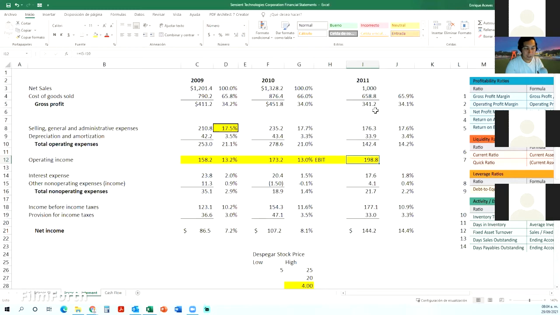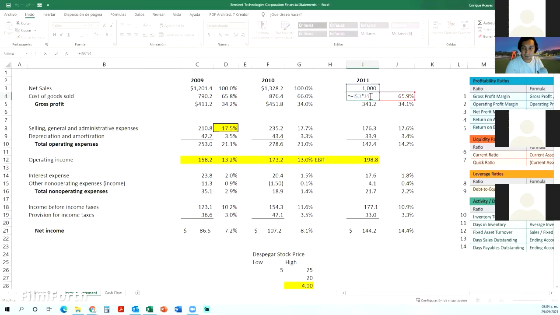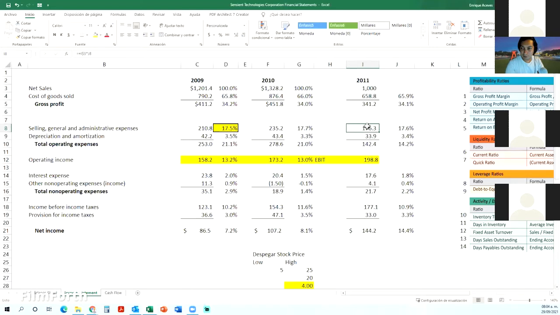Do you want to review it, guys? It's just 1,000 multiplied by 65%, which is the average of these two. It gives you the 658. The same with the selling, general and administrative expenses: 70% that represents 166. The same with depreciation and amortization.